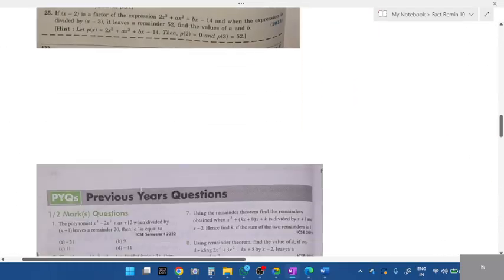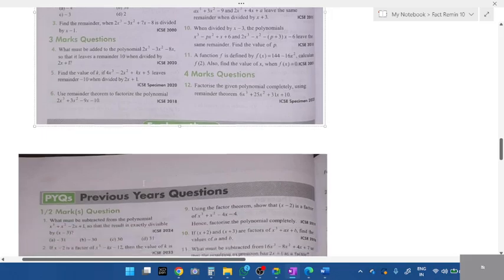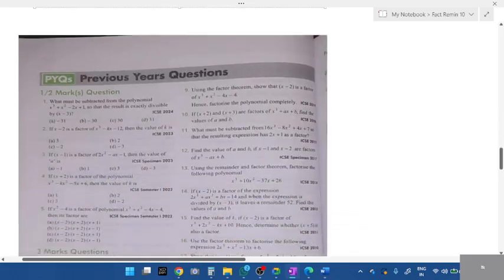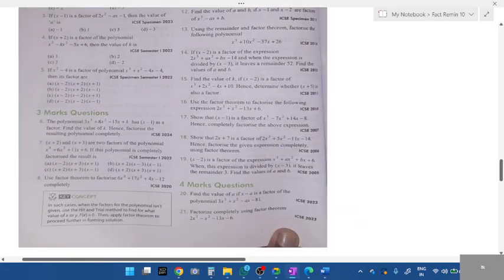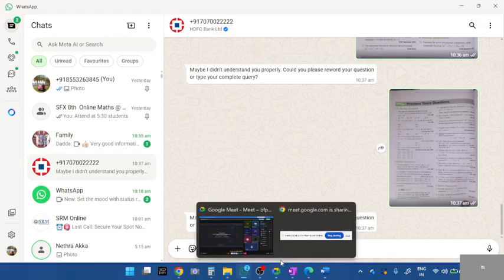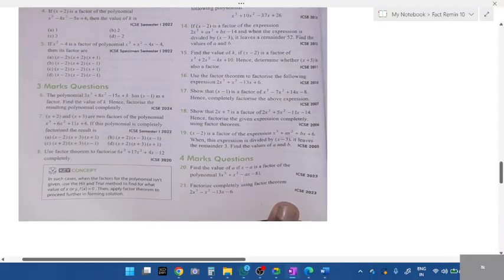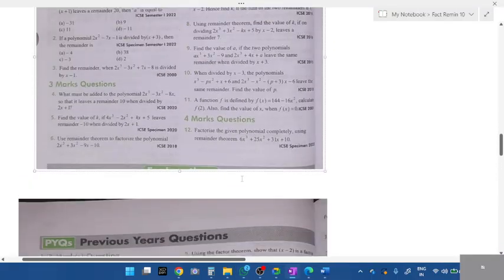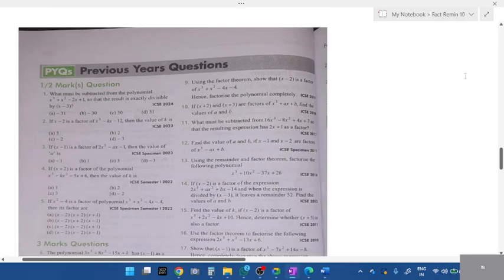We'll start with previous year papers, 2022, 2023, 2024.